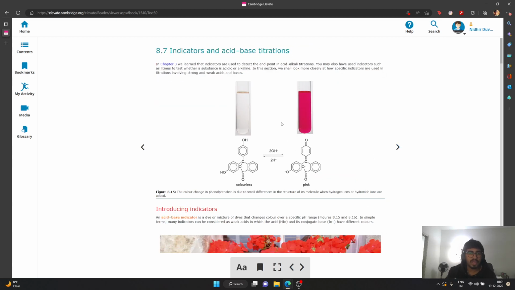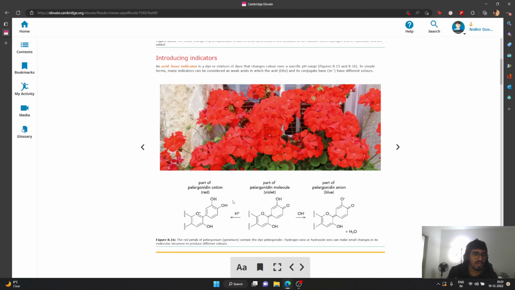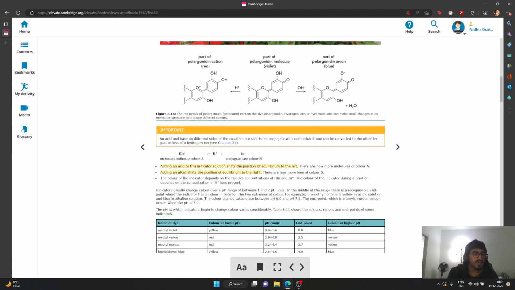Okay. Now for the very last topic of this chapter, which is an easy one, we talk about indicators and titration. I know that you've done these in your lab, so I'll go through them very quickly. Of course, we have indicators which show you whether it's an acid or a base. An indicator has two forms: a dissociated form and an undissociated, or unionized, form.